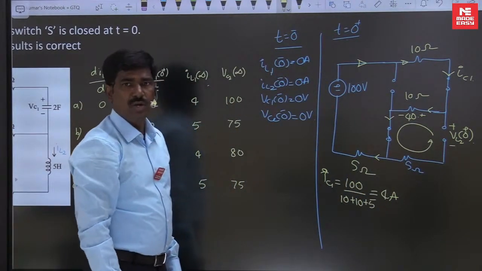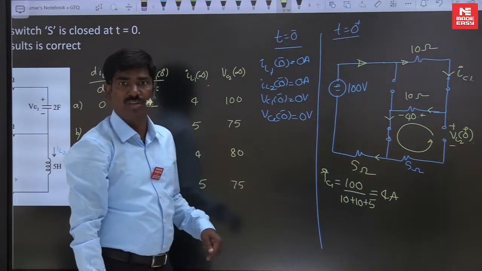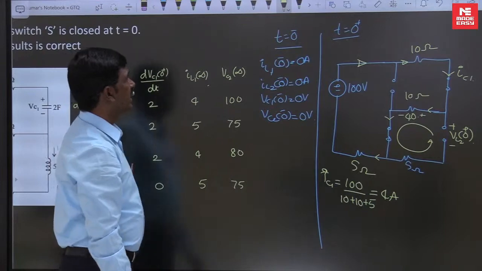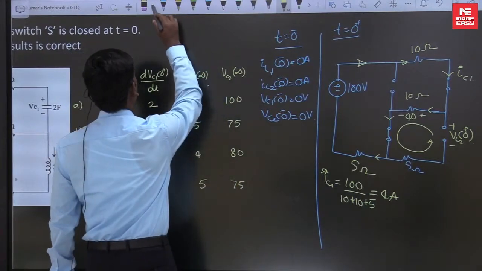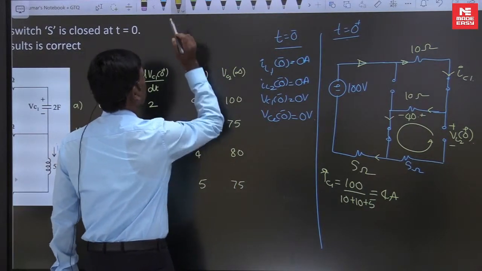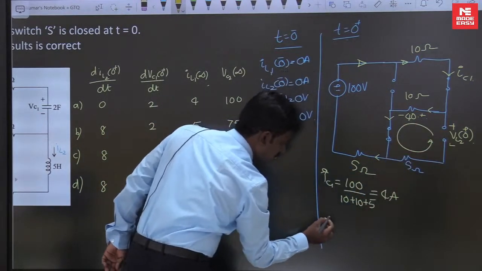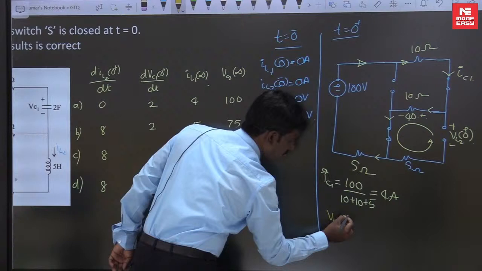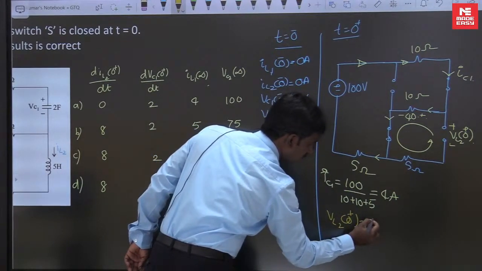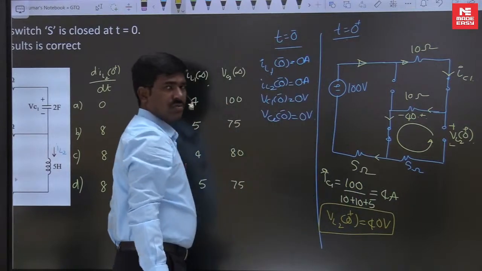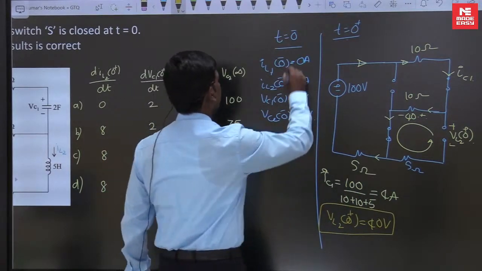You get VL2 of 0 plus. Why are you finding VL2 of 0 plus? Our requirement is dIL2 of 0 plus by dt. That's why you write the KVL equation. So VL2 of 0 plus is directly 40 volts. What is VL2? L into di by dt.